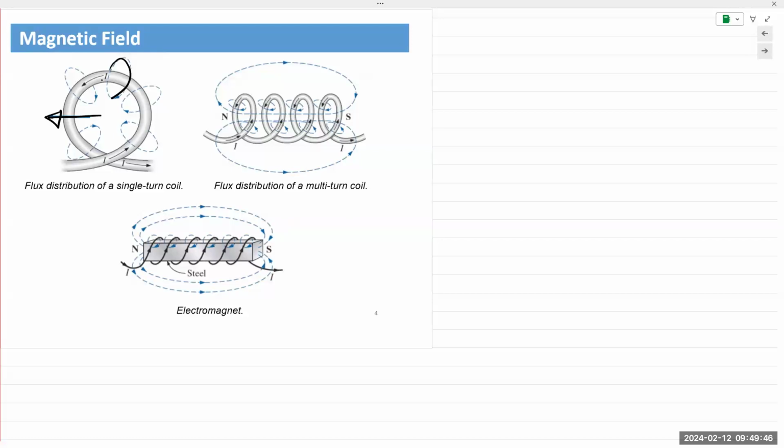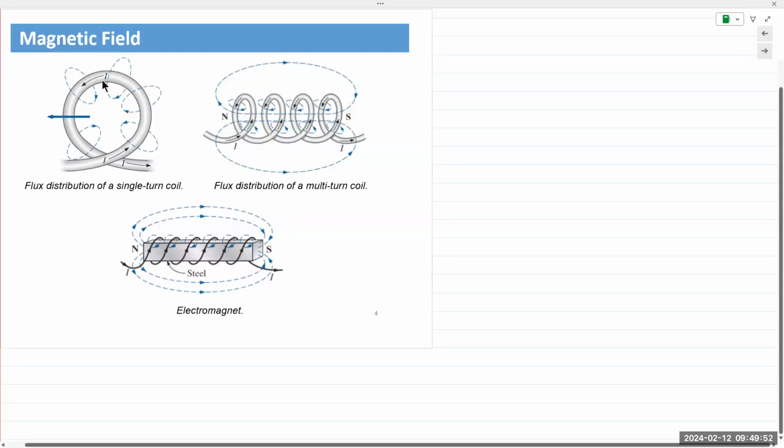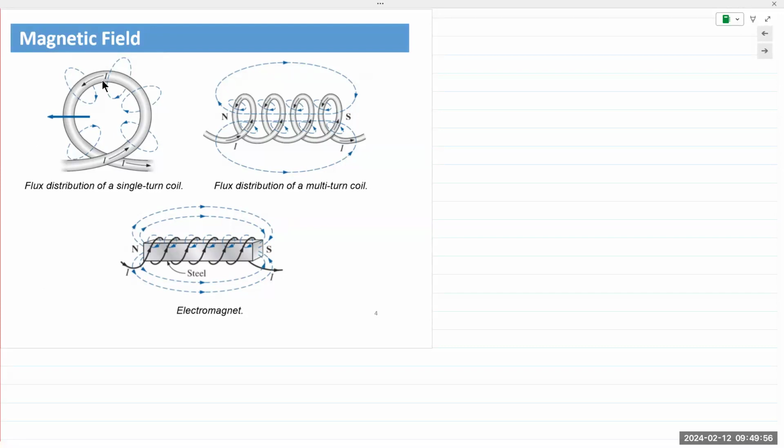They all go out of that loop in the same direction. Again, this is weak. The magnetic field is weak, depending on the charge and the amount of current flowing through that circuit. But it flows outward in the same direction.